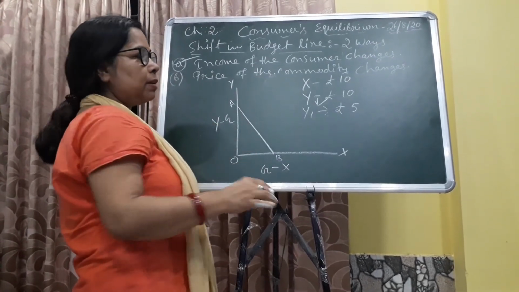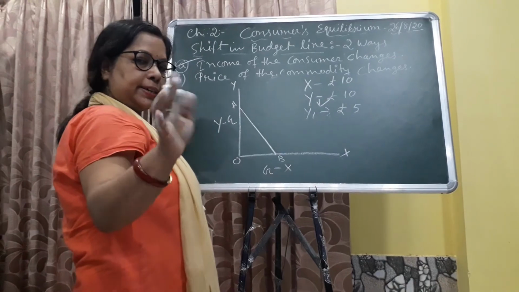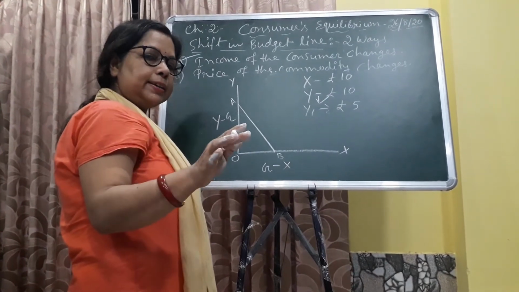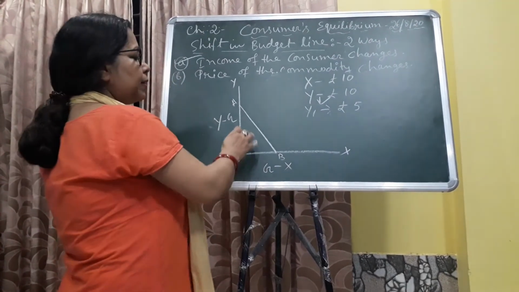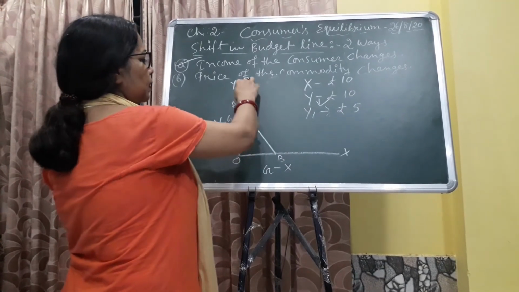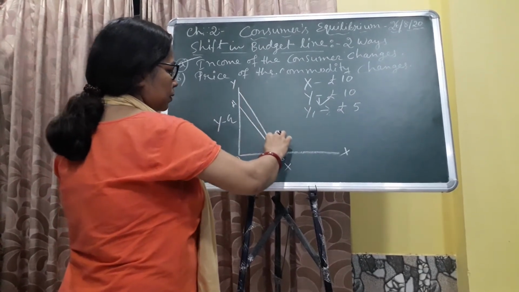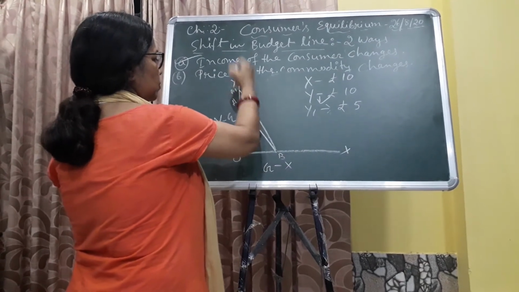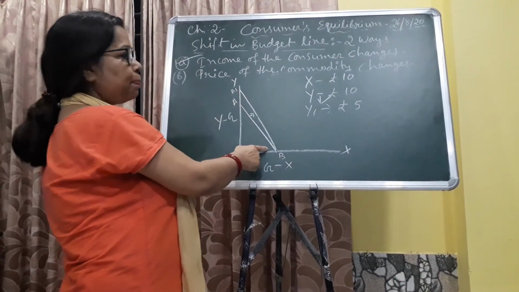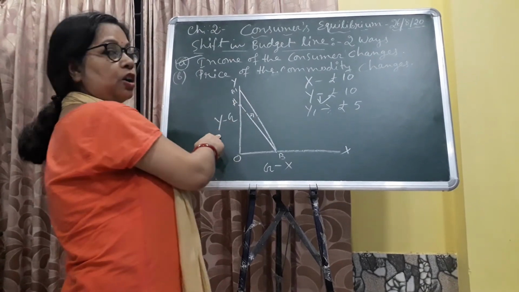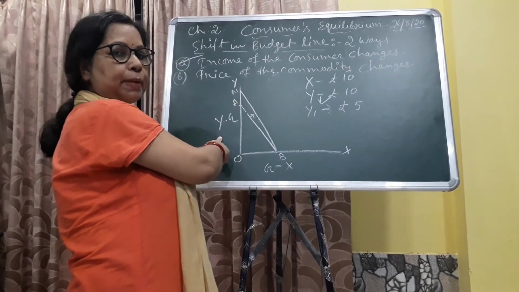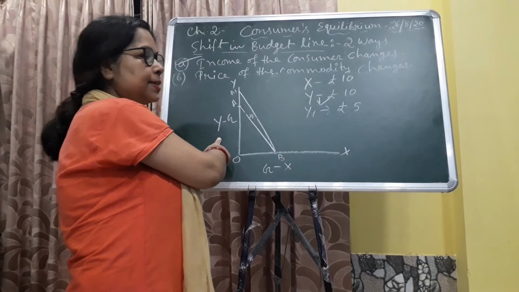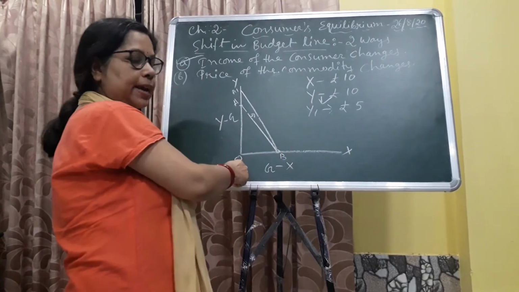So what will happen? When the price of Y decreases, the demand for Y increases. So in such a way, the budget line will shift. A1B represents the demand for Y increasing, because the price of Y decreases and the price of X is constant.